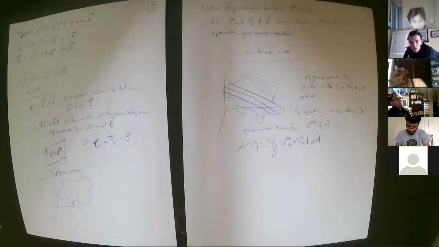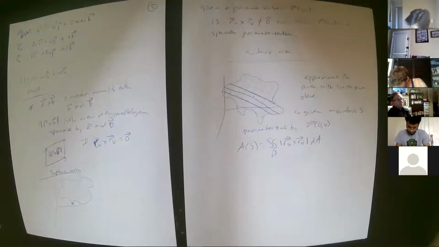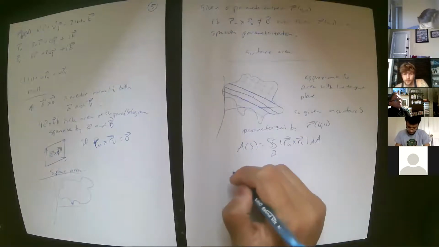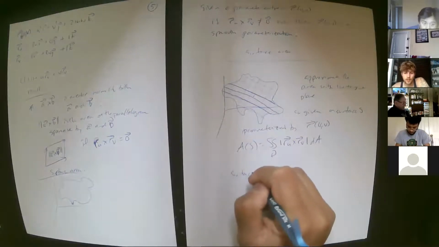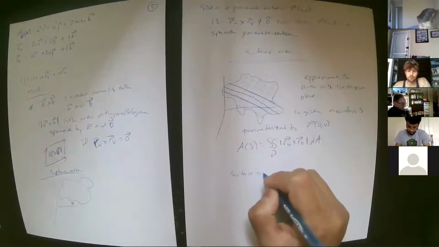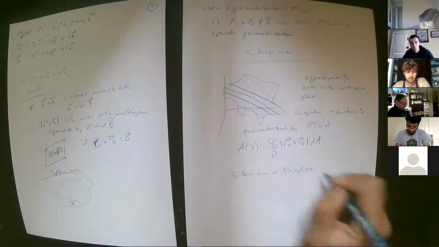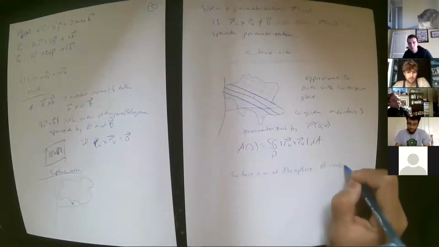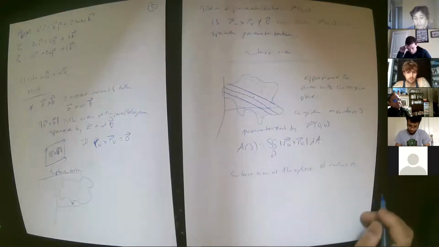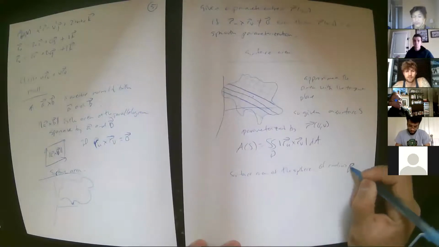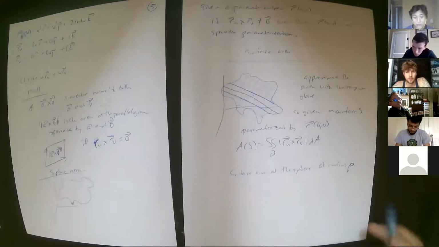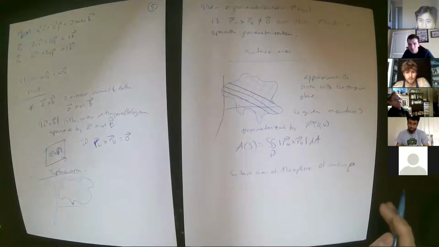So let's look at an example. Why not? What's the surface area of a sphere of radius rho? What's the parameterization we had for this?